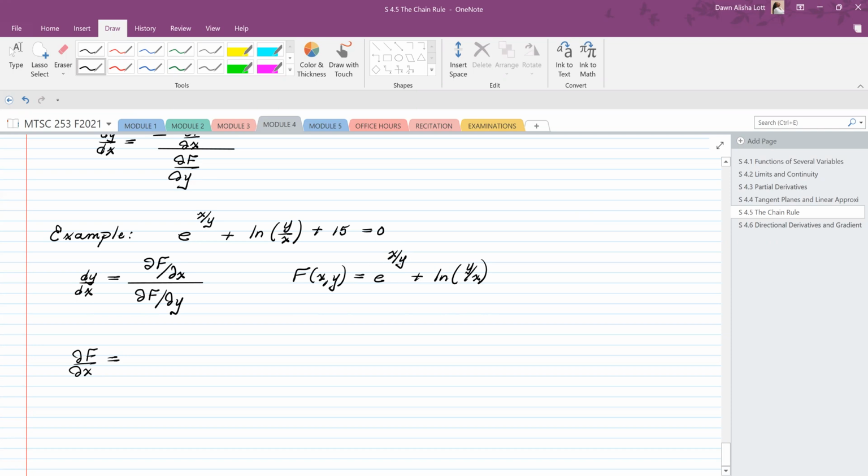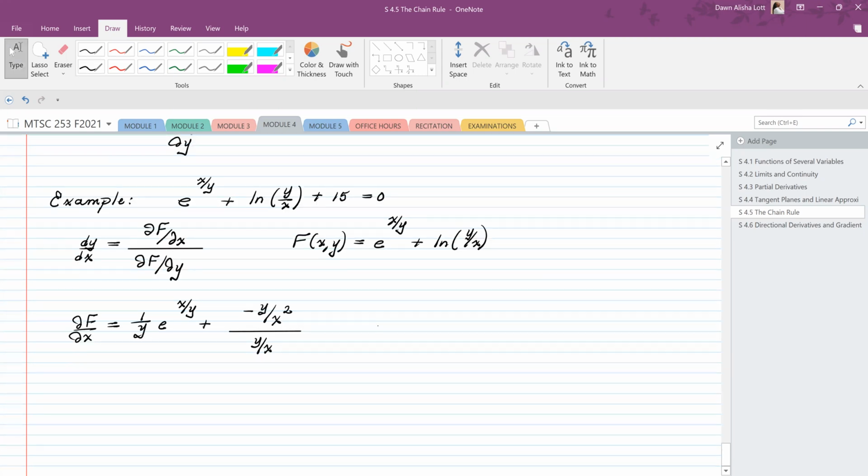Well, the 1 over y is just a constant. So I get 1 over y e to the x over y plus, then when I take the partial with respect to x here, I get y over x in the denominator, and the derivative of y over x, which is minus y over x squared. So that's what I get.